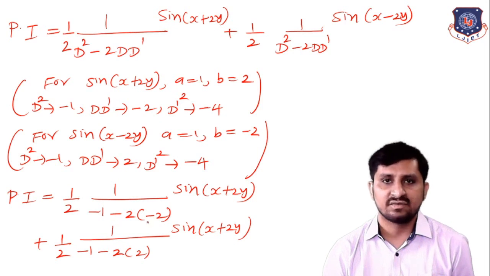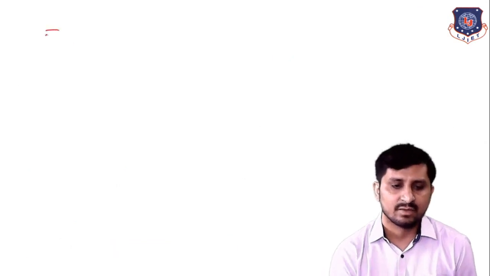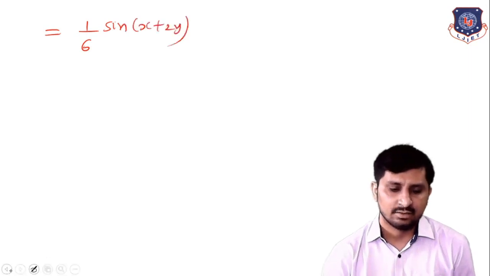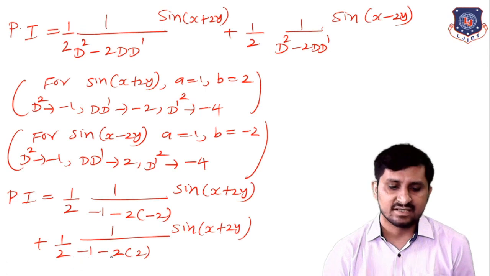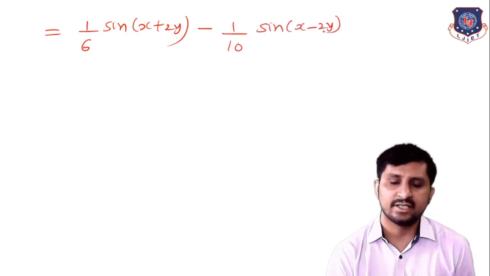So minus 1 plus 4 is 3, into 2, so 6. The first term is 1 by 6 sin(x plus 2y). And the second term: minus 1 minus 4 is minus 5, into 2, minus 10. So the second term is minus 1 by 10 sin(x minus 2y). So this is my particular integral.